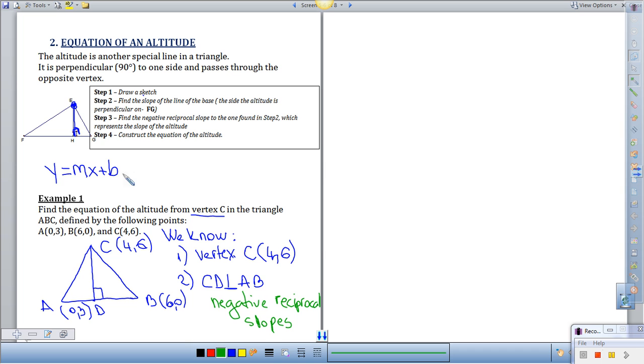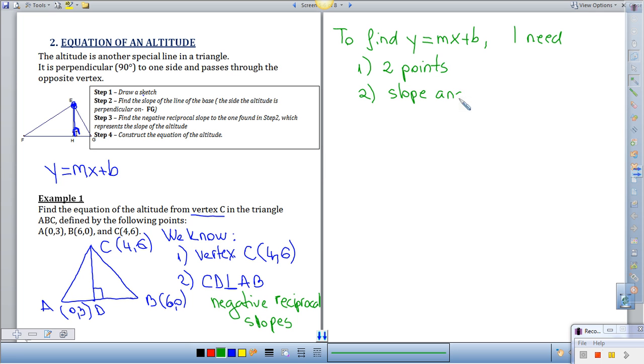Now, in order to construct the equation of the line, so to find y equals mx plus b, I need one of two things. We either need 2 points, or we need the slope and 1 point.